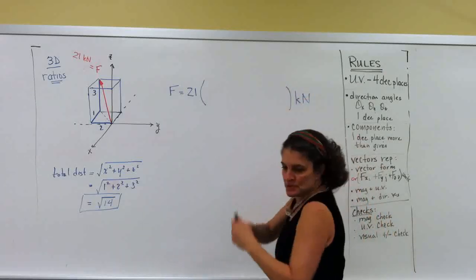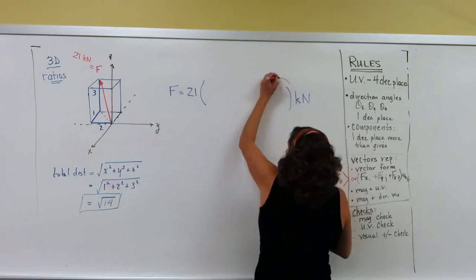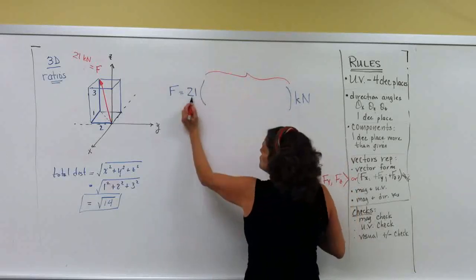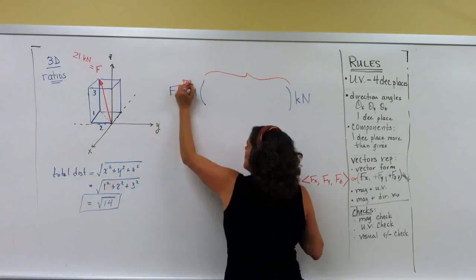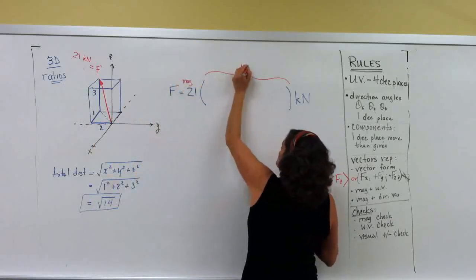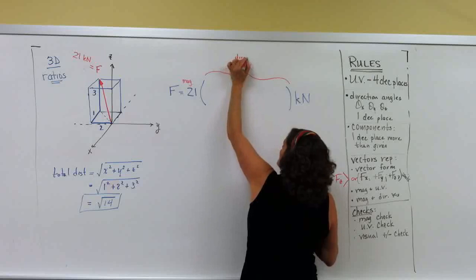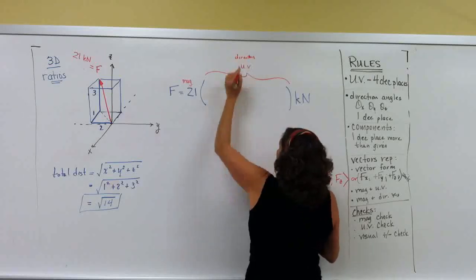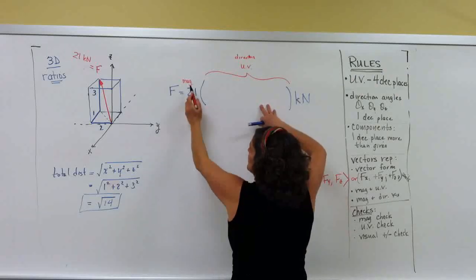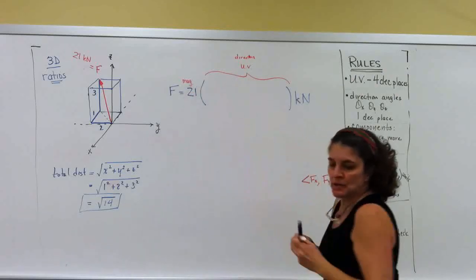And what does this part represent right here? The 21 is the magnitude of that force. What does this part represent? Our unit vector, our direction. Because we're dealing with vectors, we have to have a magnitude and a direction.